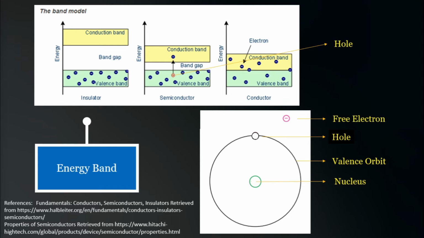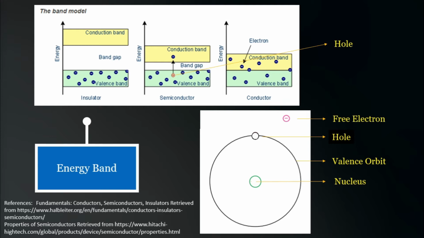On the other hand, if a semiconductor is subjected to high temperatures, valence electrons become excited and gain enough energy to cross the band gap and become a free electron ready for conduction. Thus, at high temperatures, a semiconductor acts as a conductor. Therefore, a semiconductor can act as a conductor or an insulator depending on the temperature.